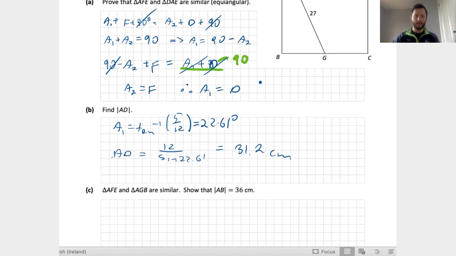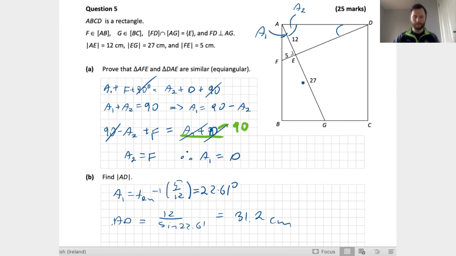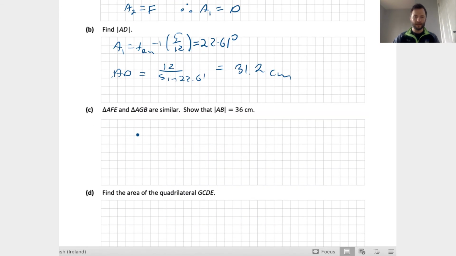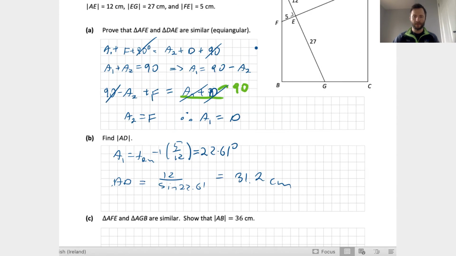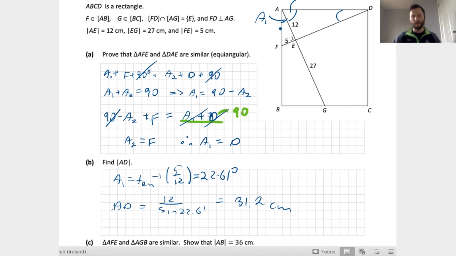So then the next step is we have to show that triangles AFE and AGB are similar. We have to show that length of AB is equal to 36 centimeters. So what I'm recognizing here is that angle at A is shared for both of those triangles.